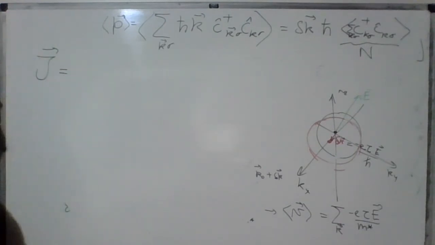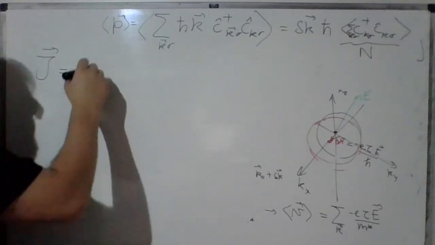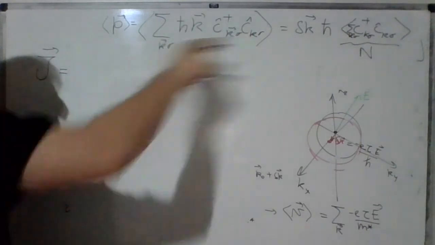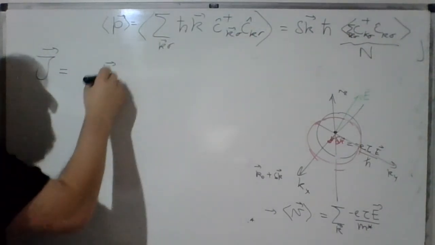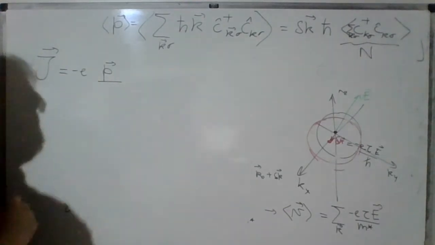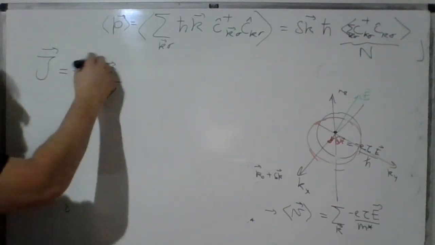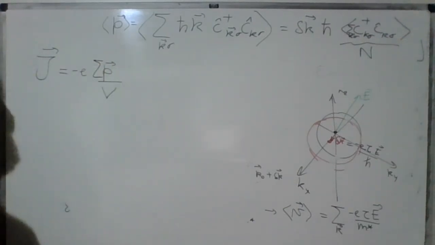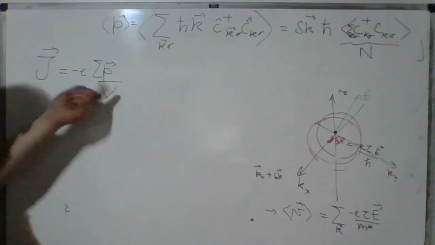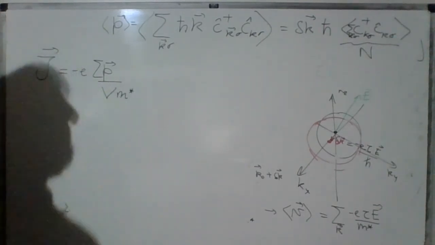The electric current corresponds to that momentum, velocity of the particle, times charge, which is minus e, and divided by the volume, a summation over all the momentum of your system, divided by V, divided by the effective mass.